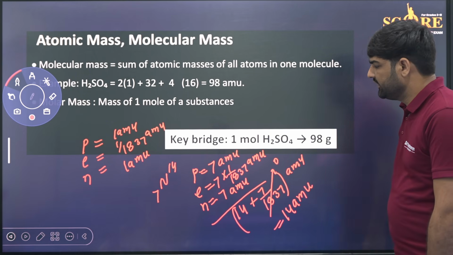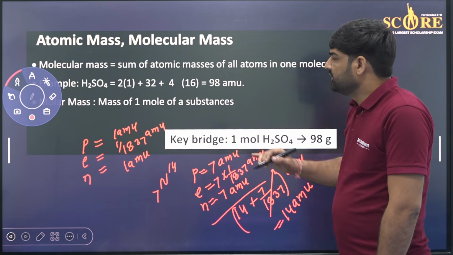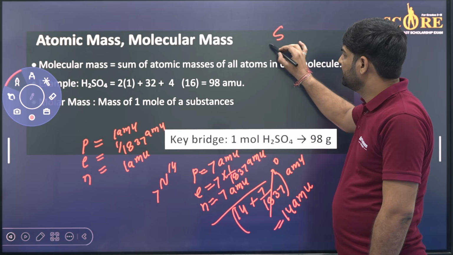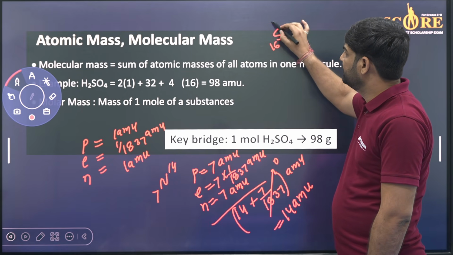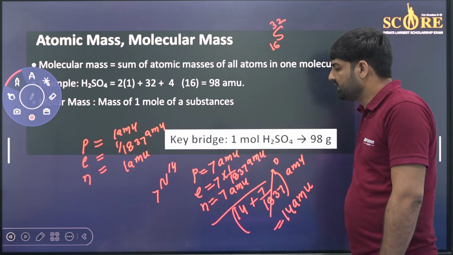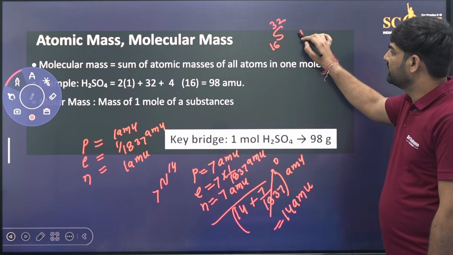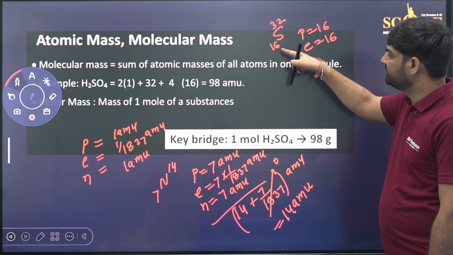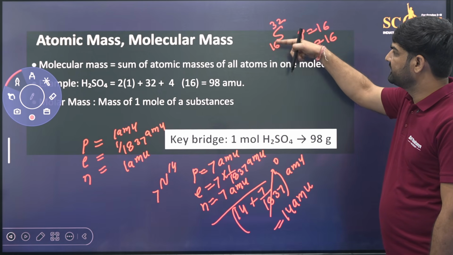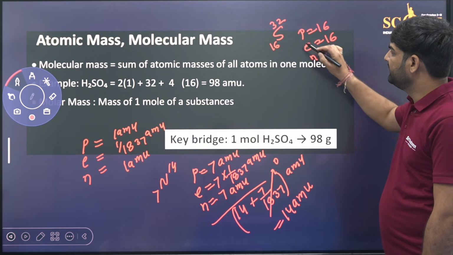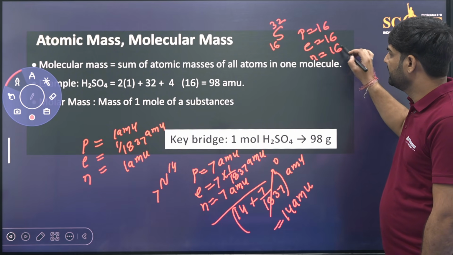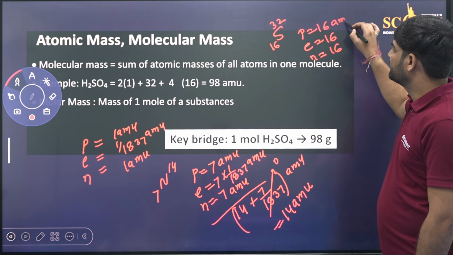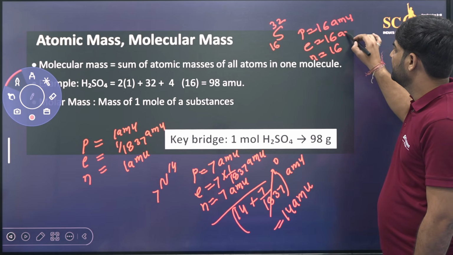Then I take an example of sulfur. Sulfur, you know, is 16 and 32. So we can say protons are 16, electrons are also this number, and neutrons will be this minus this, so neutrons will be 16. We know the mass of a single proton is 1 amu, so the mass of 16 protons will be this.